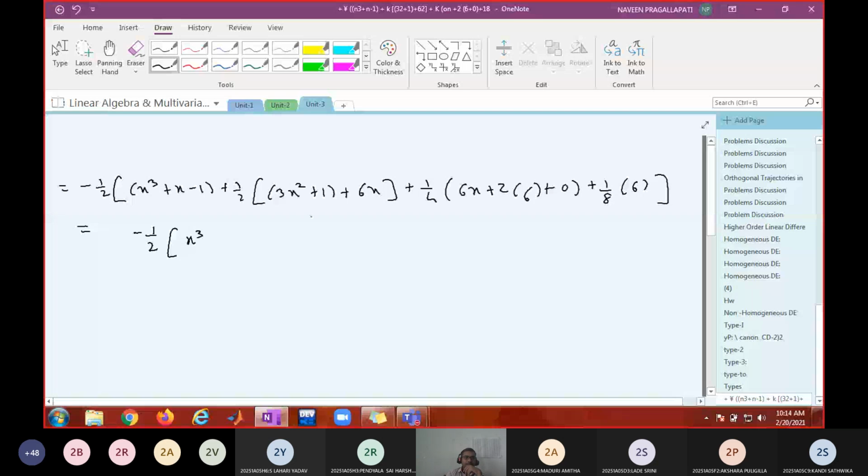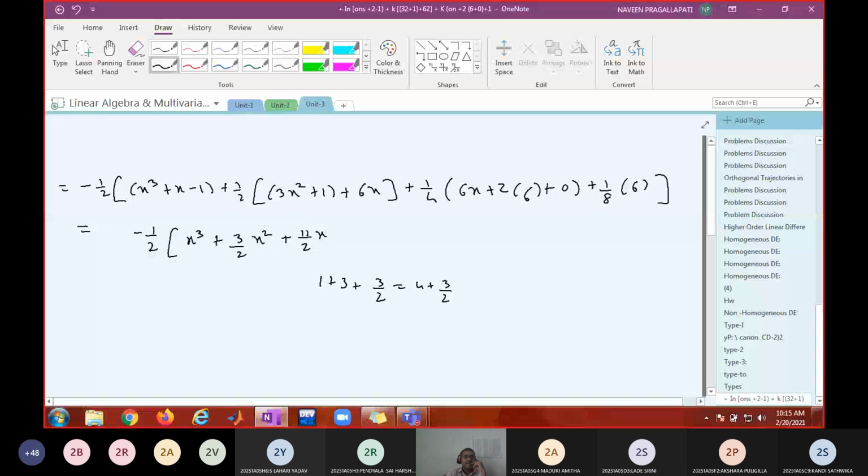So plus 3 by 2 x square. Then combine x terms, combine constant terms and tell me.